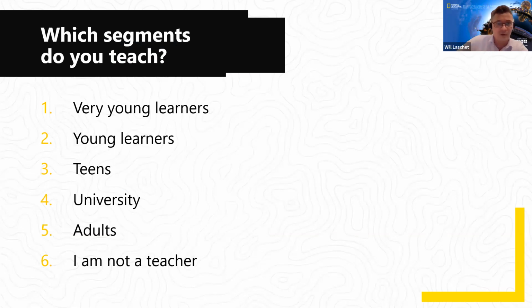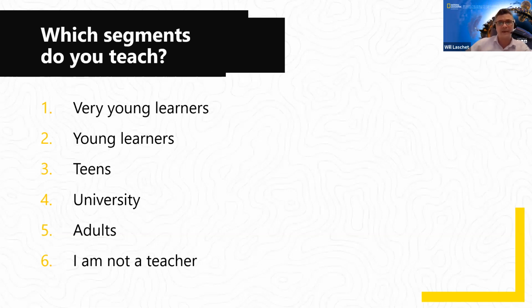So you should be able to see on the screen now: 41% of you are teaching university students, and 40% are teaching teens. We've got 27% teaching adults, 25% teaching young learners, and 17% teaching very young learners. If I add together university and adults, that's 68% of you, and 40% teaching teens.